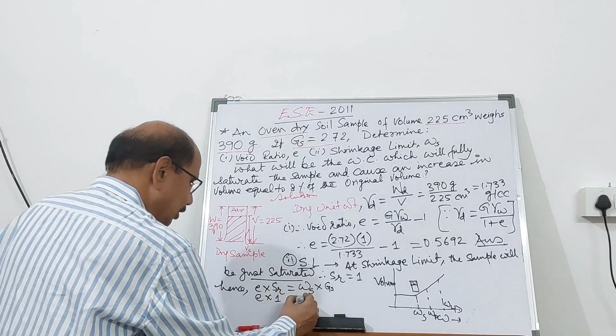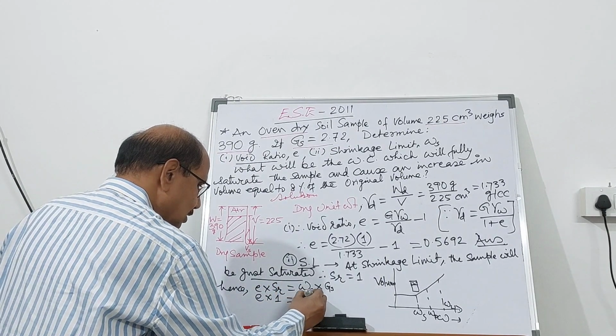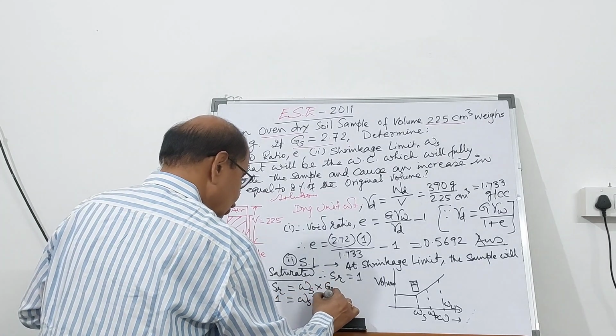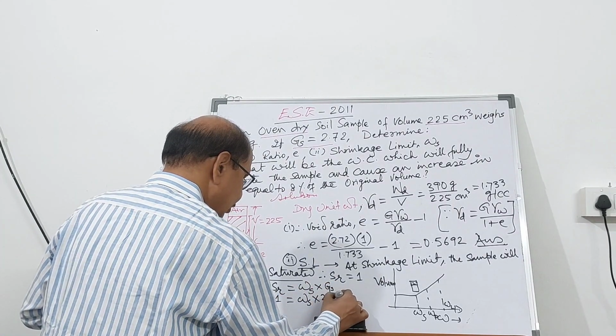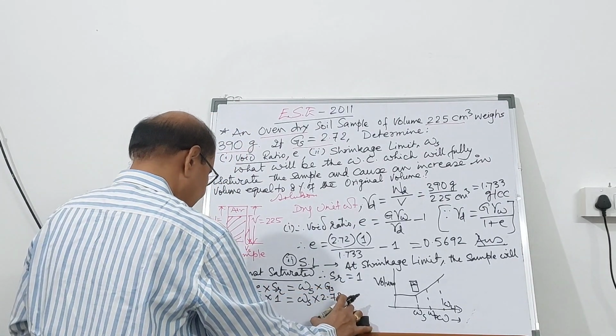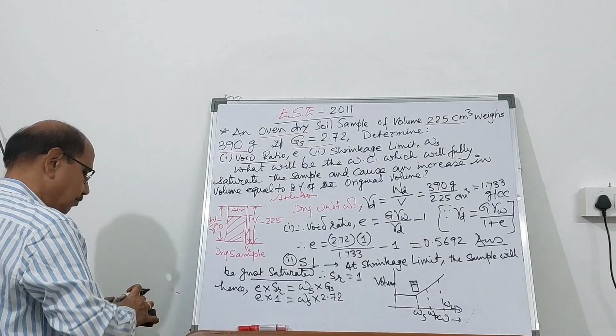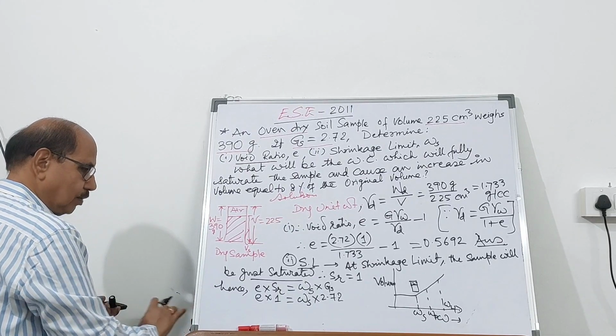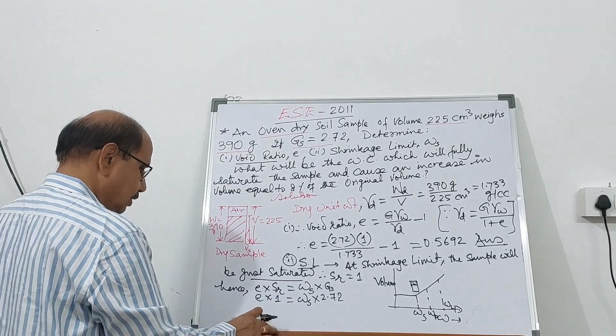This is the relationship. On substitution, e into degree of saturation at shrinkage limit will be 1. So the shrinkage limit Ws multiplied by G value, 2.72, hence we can calculate very easily the value of Ws.